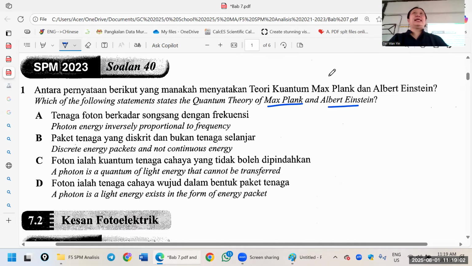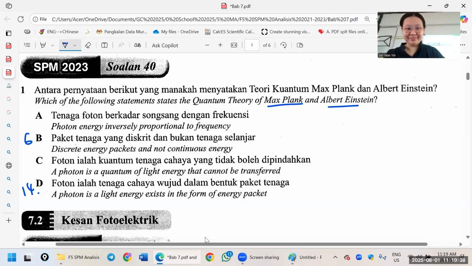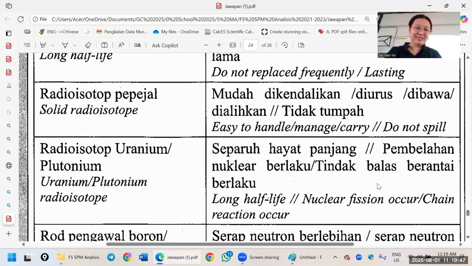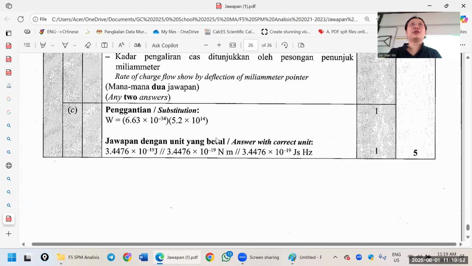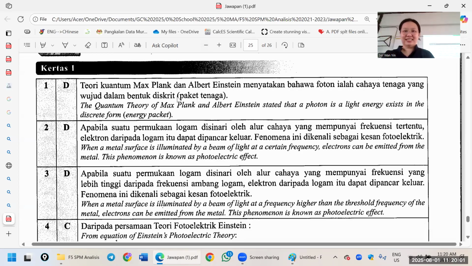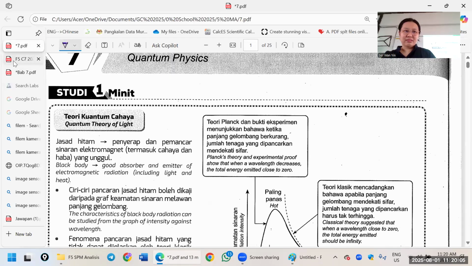Like A, B, C and D. Actually, I'm not too sure, but I think the answer is B. Good. What about answer D?